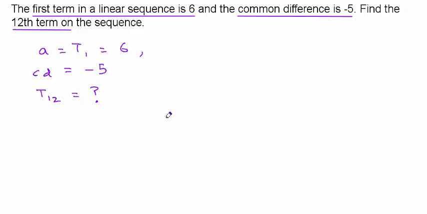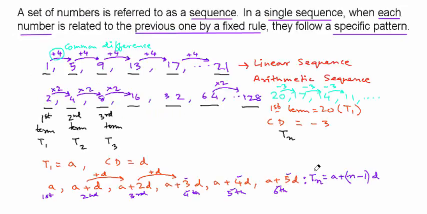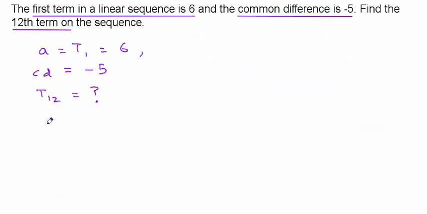Now if you look back at the formula, we have it there. Tn is equal to A plus n minus 1 times D. T12 is going to be equal to A plus n is 12, 12 minus 1 times D. Just plug in the values.